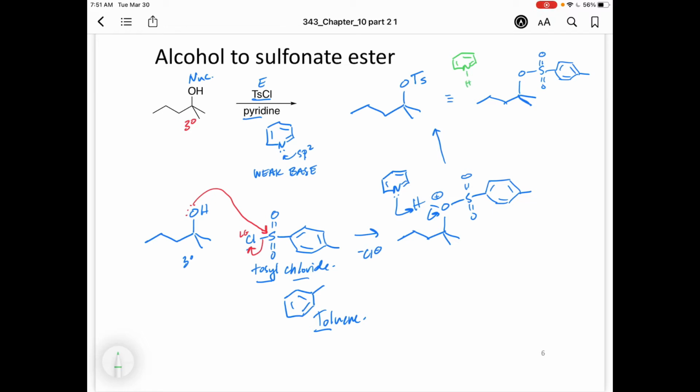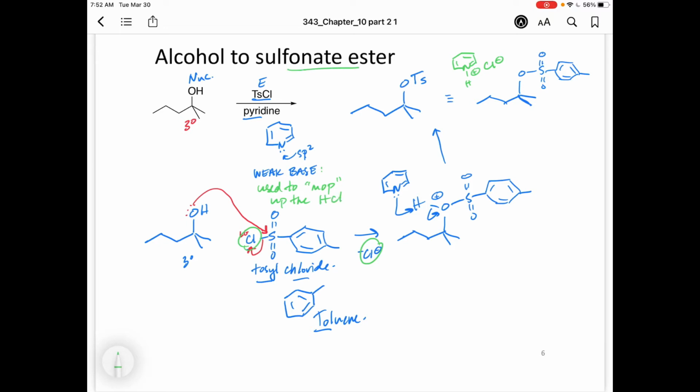So we've protonated it, it's picked up that proton, and there was that chlorine that left. So we had this Cl minus leaving group, and so we have this pyridinium salt that hangs out. So pyridine is a weak base. It is used to, I call it a mop. Mops up the HCl. You don't want HCl hanging out in your reaction.